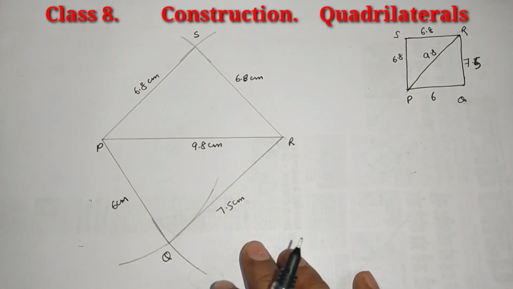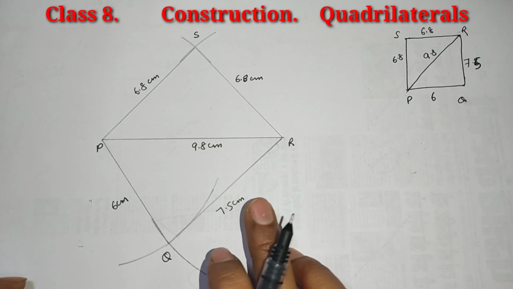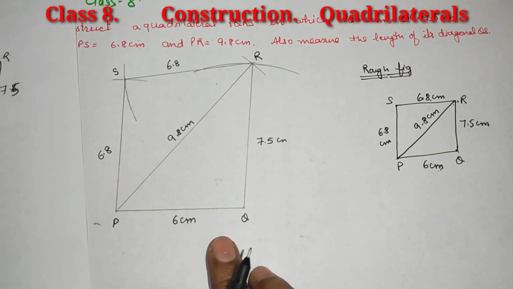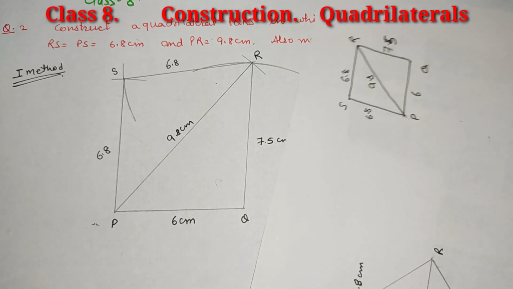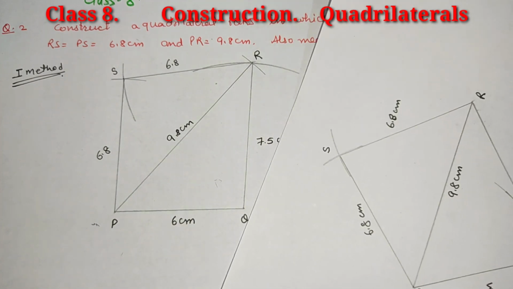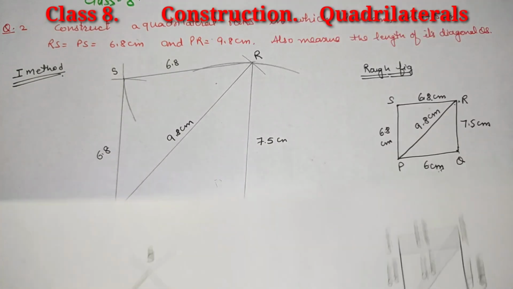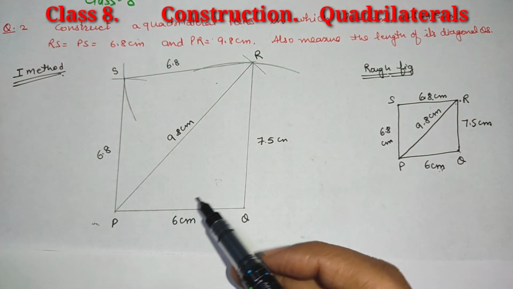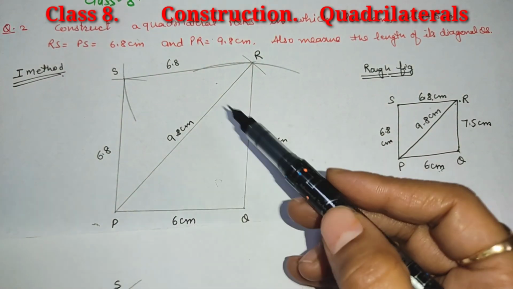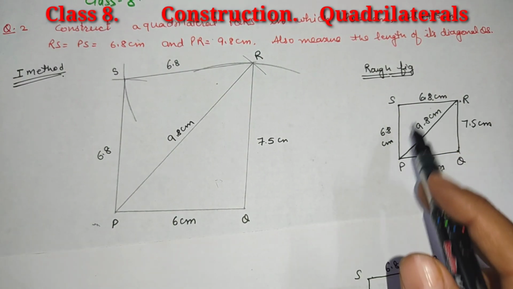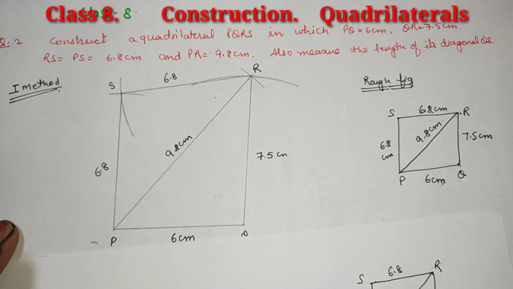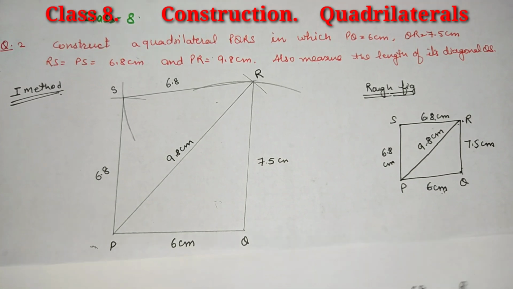So you can see this is your quadrilateral. You can draw by this method also. By looking, these both are different, but if you turn it, then you can see they are identical. So you can draw a quadrilateral any way, but you must know the steps of how to move, and with the help of the rough figure you can do it. I hope you understand it. Thank you.